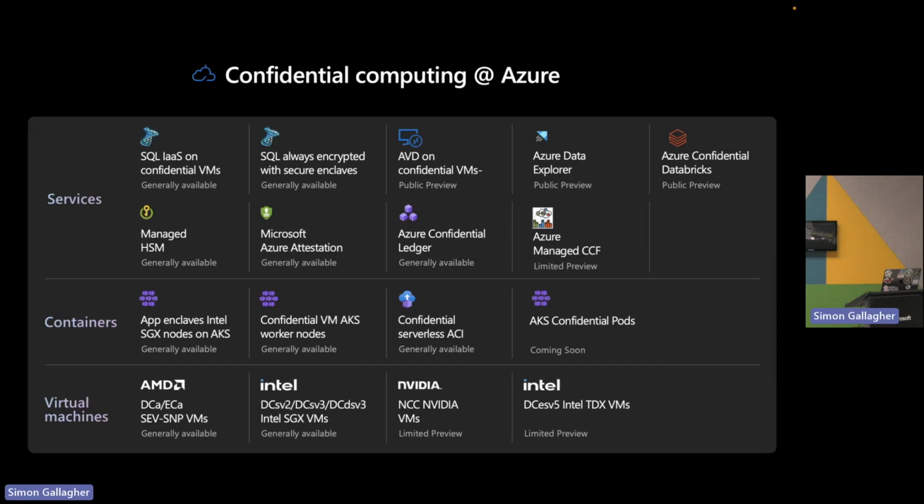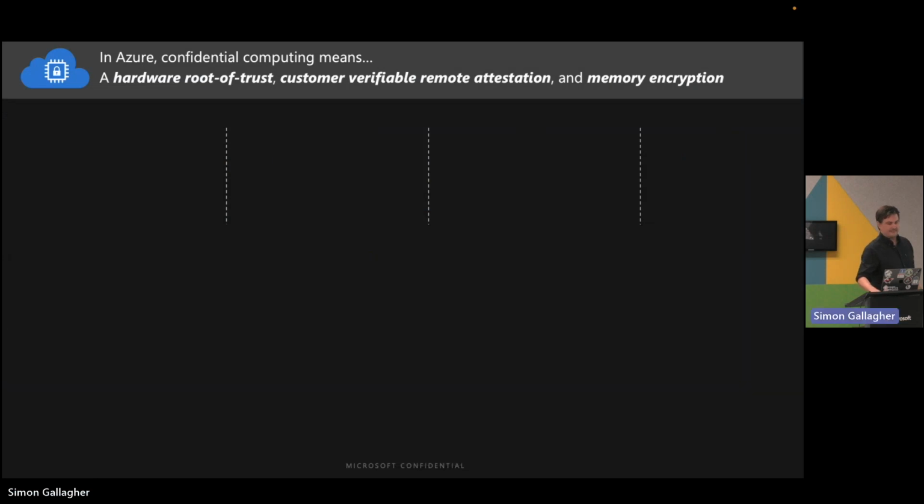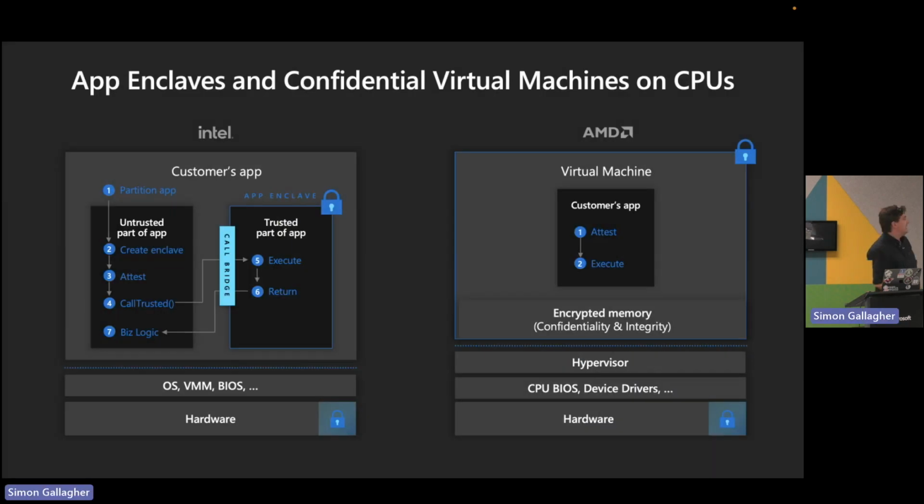For IaaS, we currently have generally available the AMD and the Intel options. You'll see a limited preview for the NVIDIA capability. Intel on the far right has just built and announced their TDX functionality. TDX is really where you start to see the playing field level between the two.